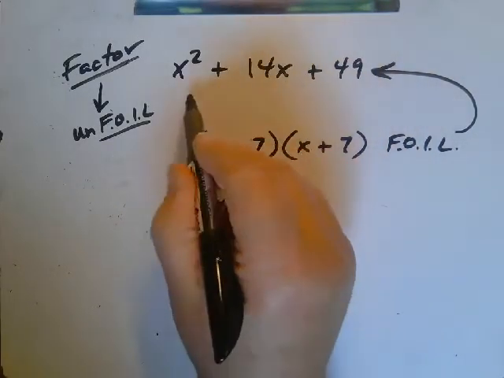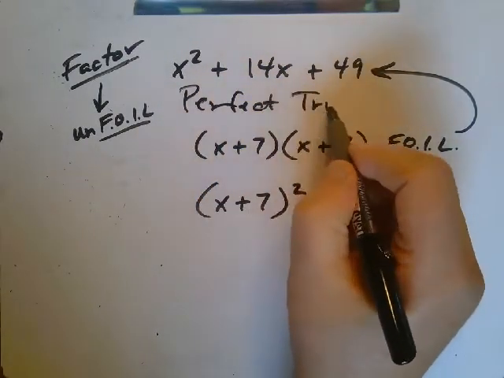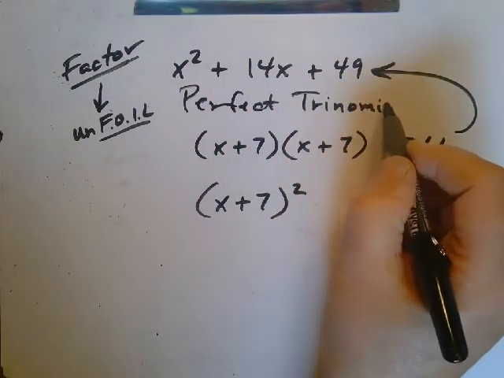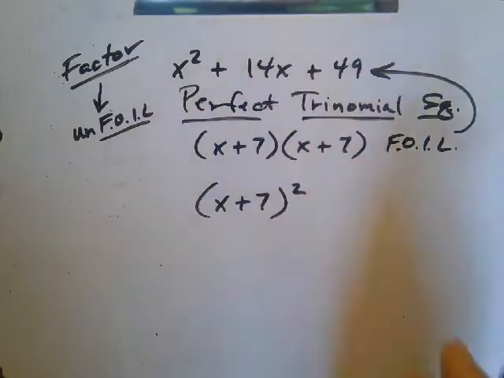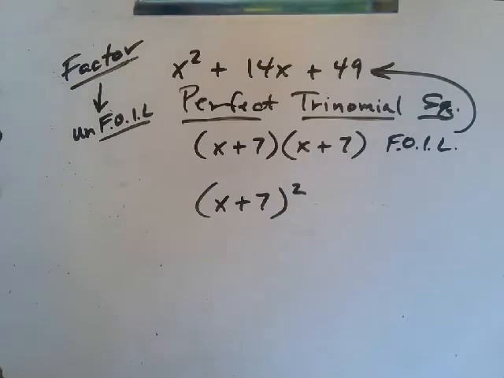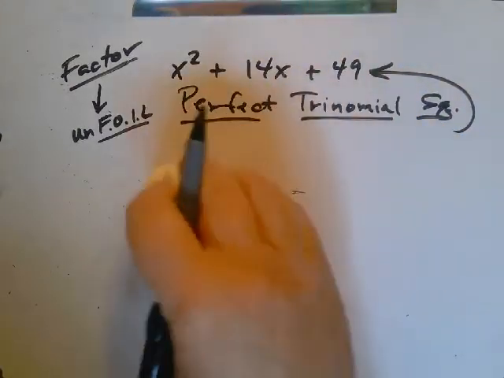So this is called a perfect trinomial square. Right now that's a little hard to envision, but we're going to go ahead and practice looking at the ways in which to factor this. So let's go ahead and do that.